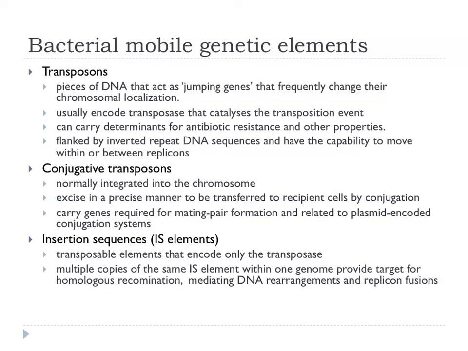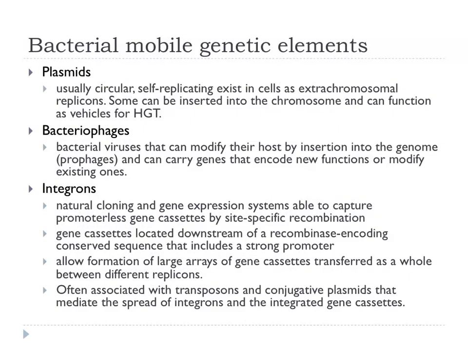So the cell has this mechanism for recombining pieces of DNA that are identical or nearly identical, and in this way bits of the chromosome can get shuffled around through recombination, through insertion sequences. Say more about that in a moment.